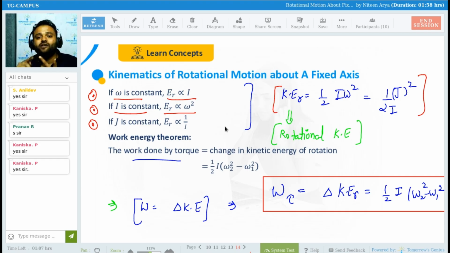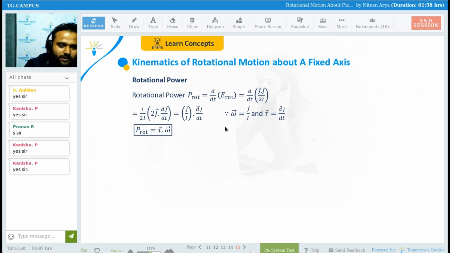WEP stands for work energy power. So whatever I learned in the WEP chapter, like kinetic energy for translation motion, work energy theorem for translation motion, I am doing for rotation. In the next slide, we are going to talk about power.